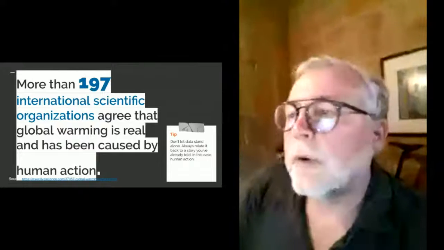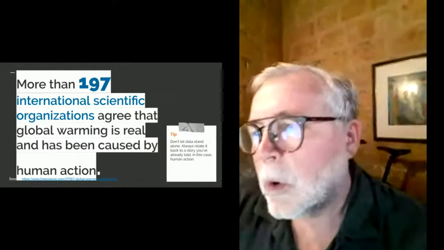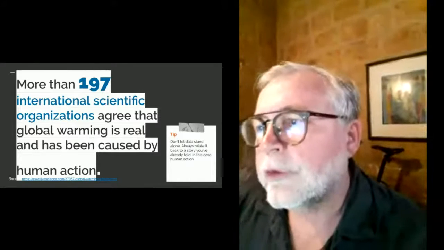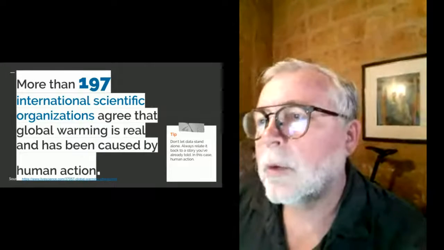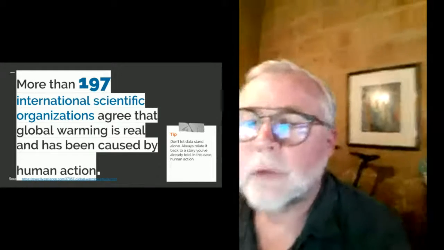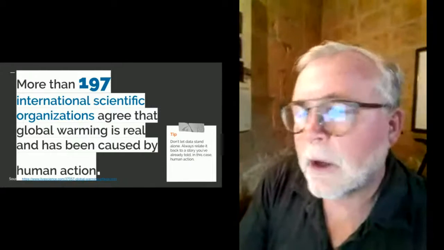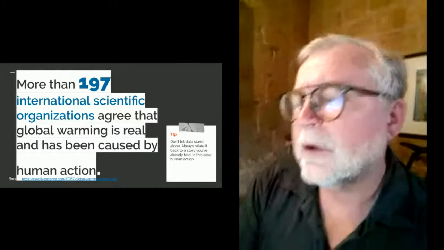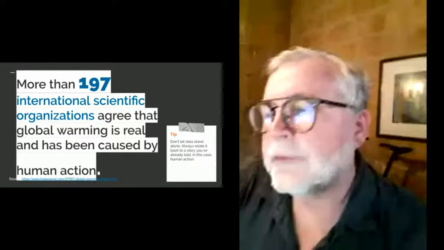Here's another number that's kind of interesting. When you've got data, it's important to give numbers. And one of the numbers that's important to understand about climate and global warming is that science organizations, in this case 197 of them, agree. If you ever get scientists together in a room to agree on anything, that's major.